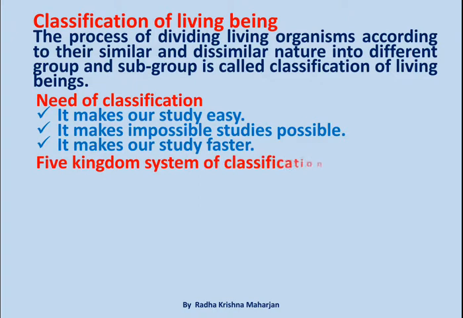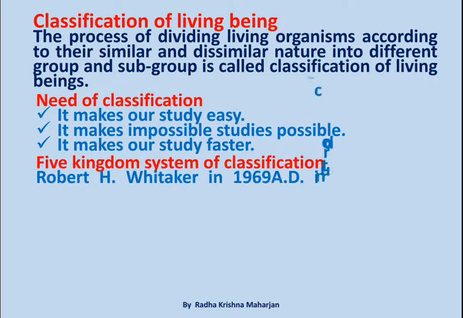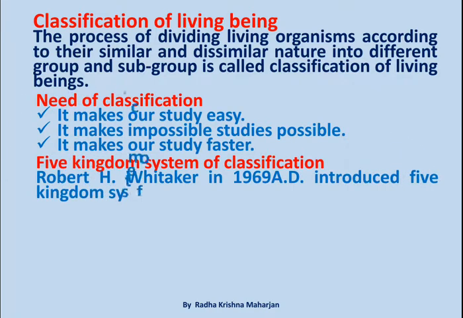Five kingdom system of classification. Robert Yates Whittaker in 1969 AD introduced five kingdom system of classification.